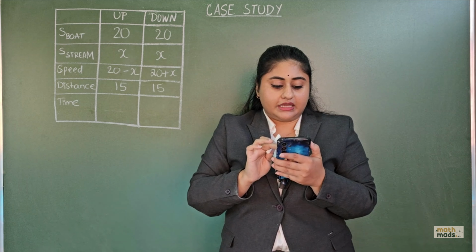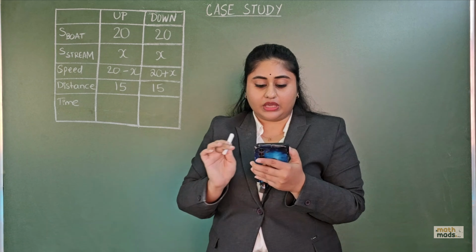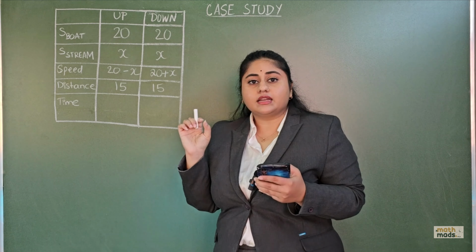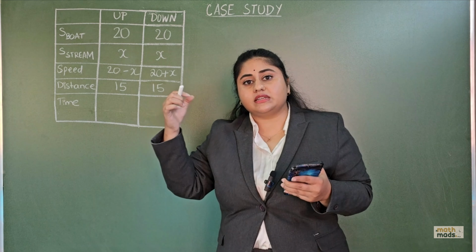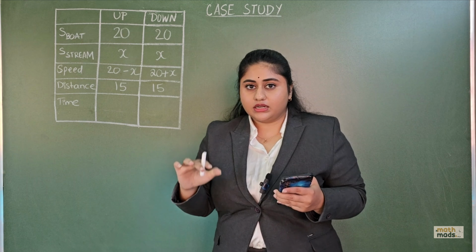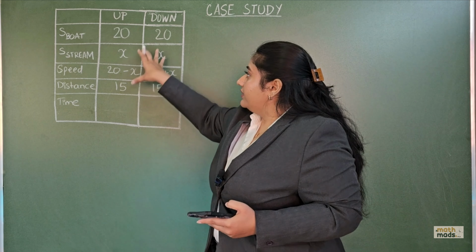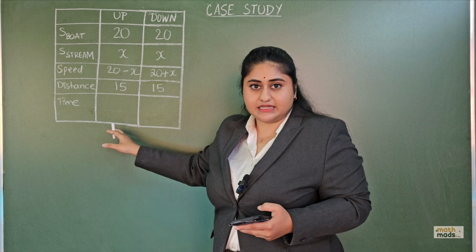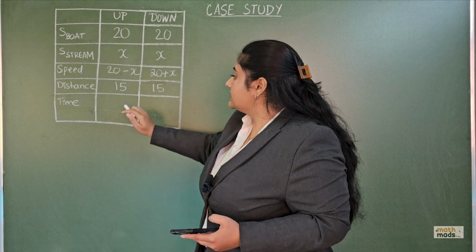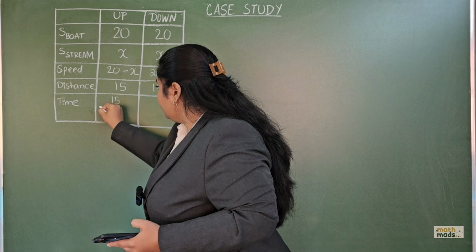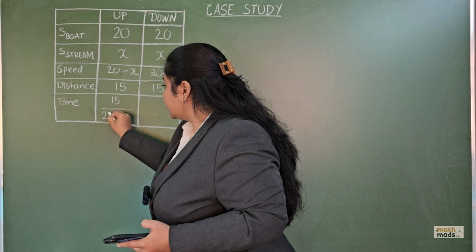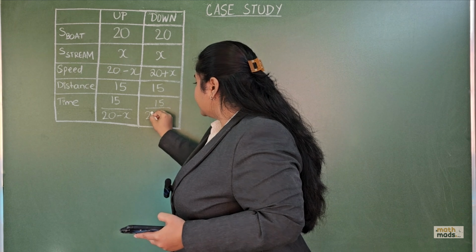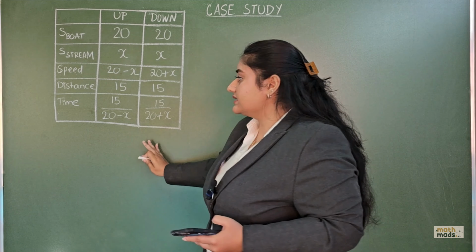What is the correct quadratic equation for the speed of the current? We know one piece of information that we haven't used yet, that is the time taken by the boat for upstream is 1 hour more than the time taken for downstream. With this information, can I fill in the time? Yes, time is equal to distance by speed. So just substitute distance 15 by speed 20 minus x. Similarly, here distance is 15 by 20 plus x. This is the time.